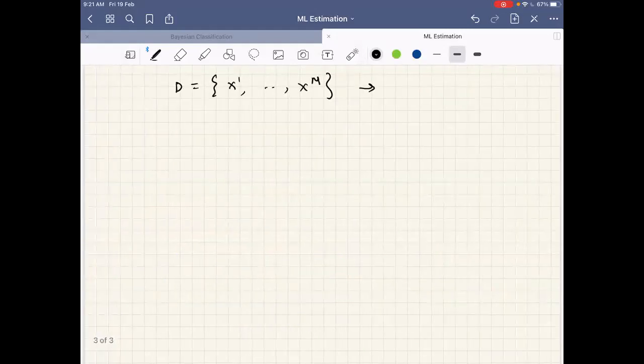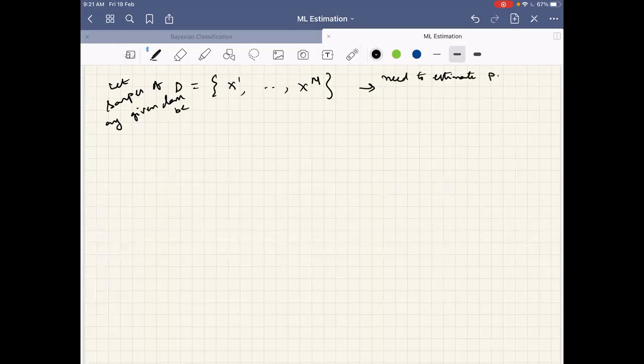Is that clear? So I will drop the notation of class label from now on, unless it is very important. Let D be the samples of any given class; it can be class 1, class 2, or any class. Then what we need is to estimate the parameters of the likelihood P of X given omega.